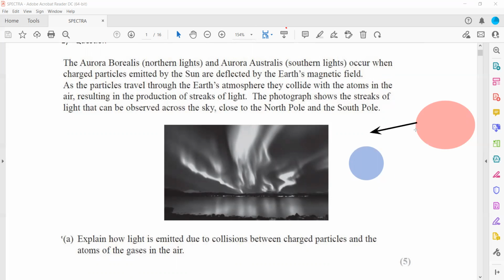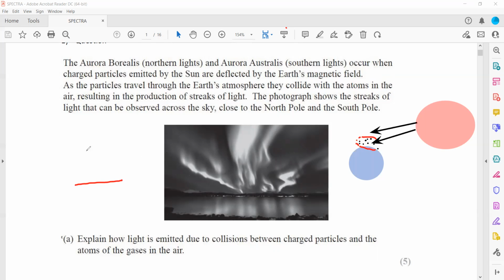When these charged particles enter the Earth atmosphere, they deviate and collide with the particles in the atmosphere. And as a result, when they collide, they transfer the energy and cause these atoms to become excited. What is the meaning of atom become excited?